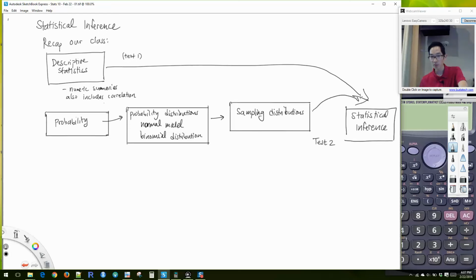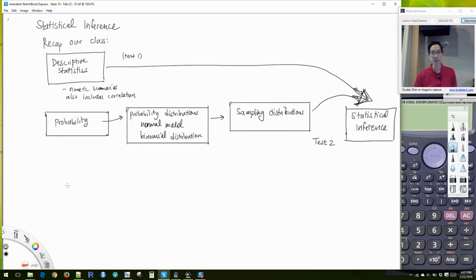We take our understanding of probability distributions and our understanding of descriptive statistics. This is an arrow, an ugly one, but it is. And we bring those two together into statistical inference.